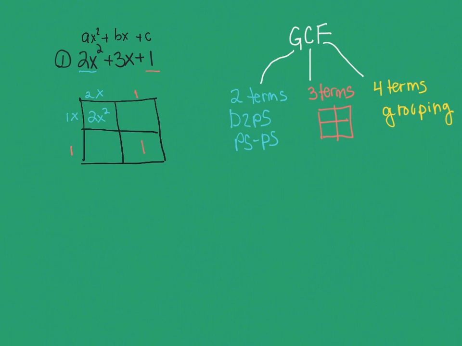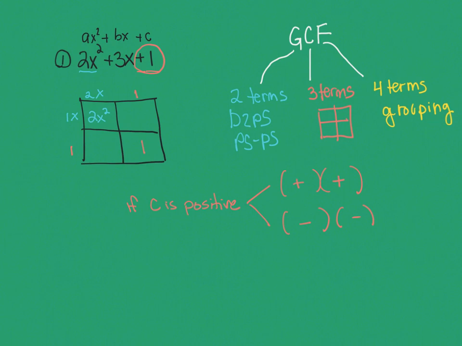If I know that this c term is positive, then I know one of 2 things is true. When I go to break my binomial factors, they are going to be either two positives or two negatives.